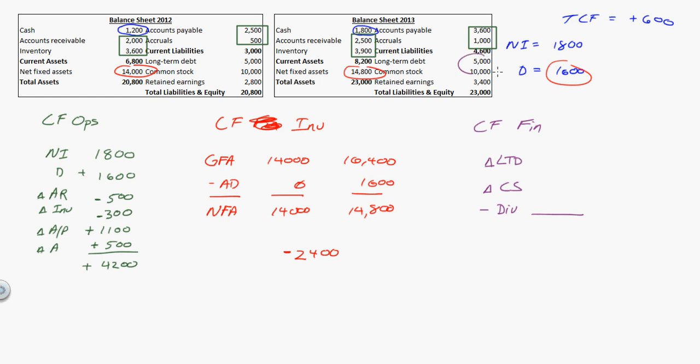Well, long-term debt and common stock did not change, so it's a 0. Need to figure out the dividends.